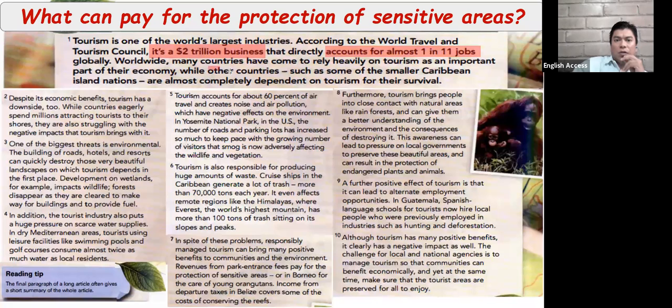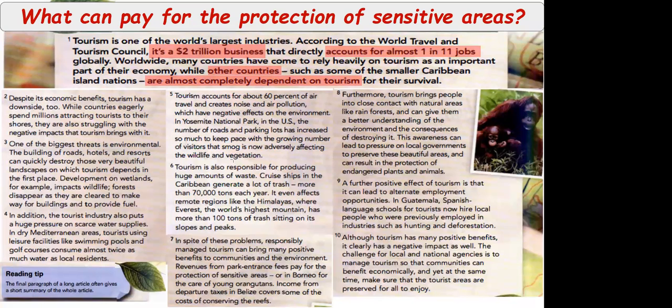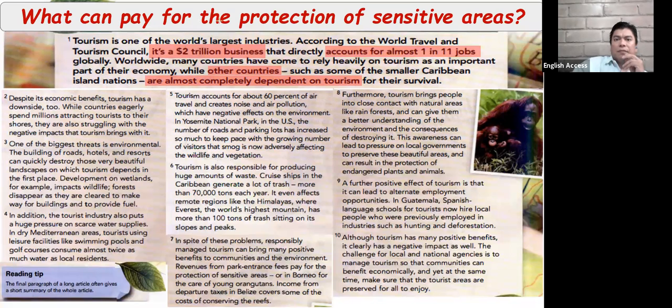And other countries are almost completely dependent on tourism. So there are your statistics. Okay. Now let's go for the next one.